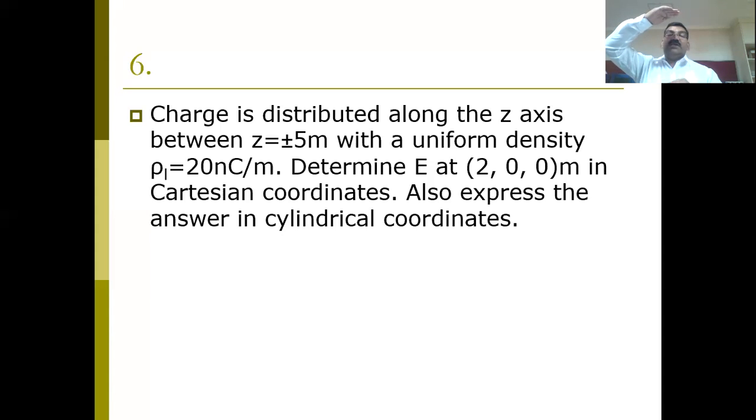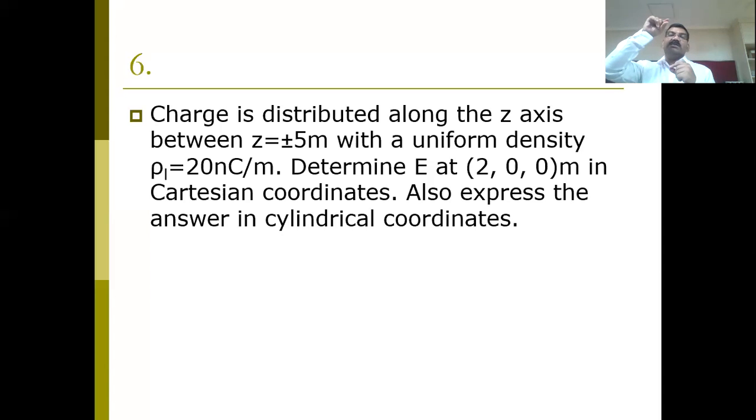So whatever the derivation we did, this is the intention of doing the derivation. You have to put the values for the z-axis as minus 5 and plus 5. So you just consider a point charge located at z equals plus 5 and z equals minus 5, as we have considered in the derivation at some general distance.